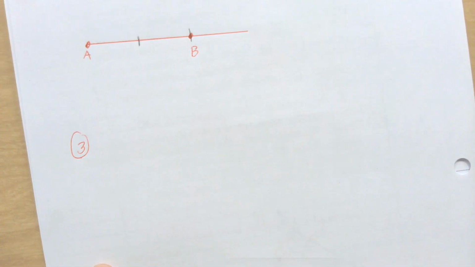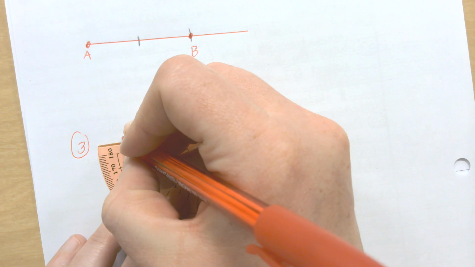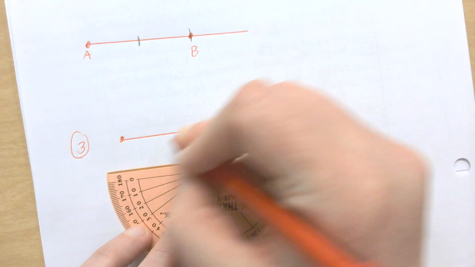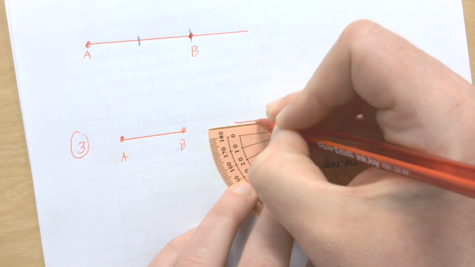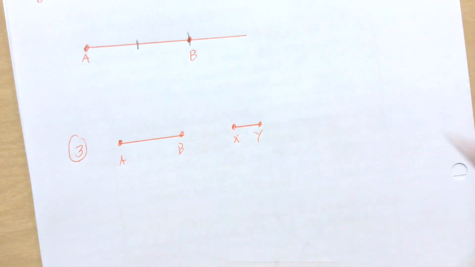Number 3 deals with subtraction. I'm using different letters so that you actually have to apply what I'm doing to what you're doing.